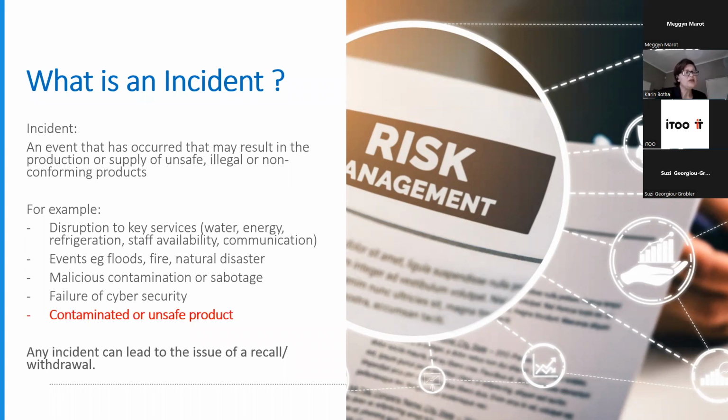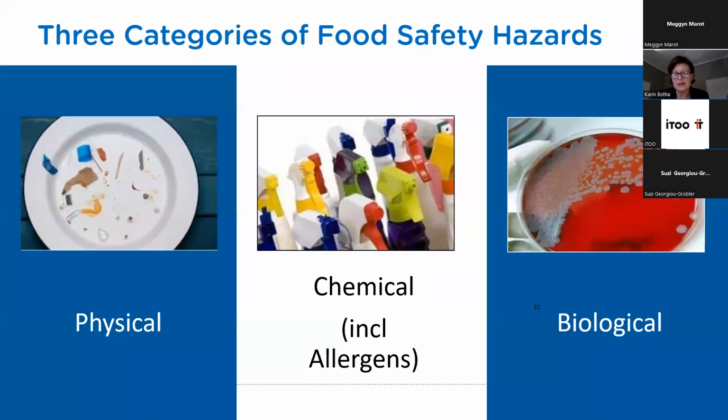So just a question, like any incident can really lead to a recall or a withdrawal situation. But I think any of this can lead to contaminated or unsafe product. And what actually makes a product unsafe or contaminated can be one of three categories.